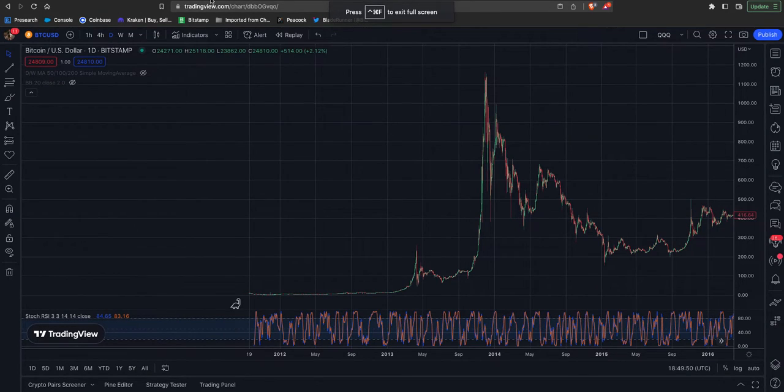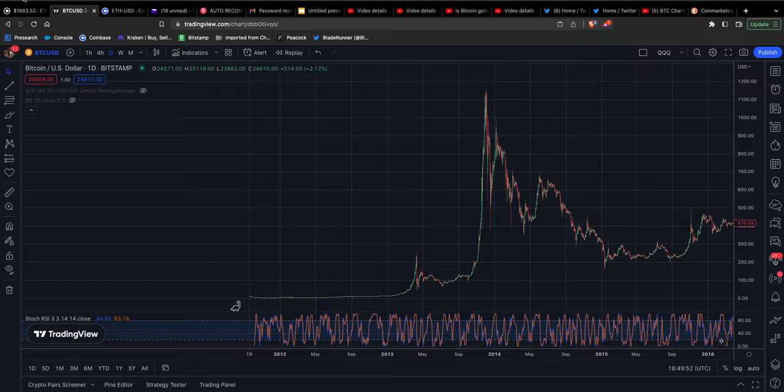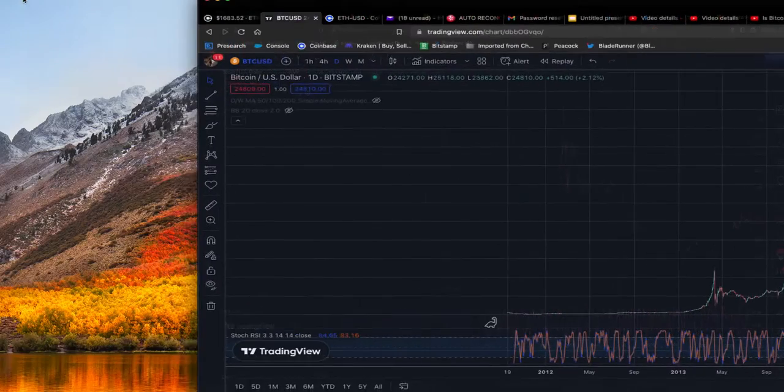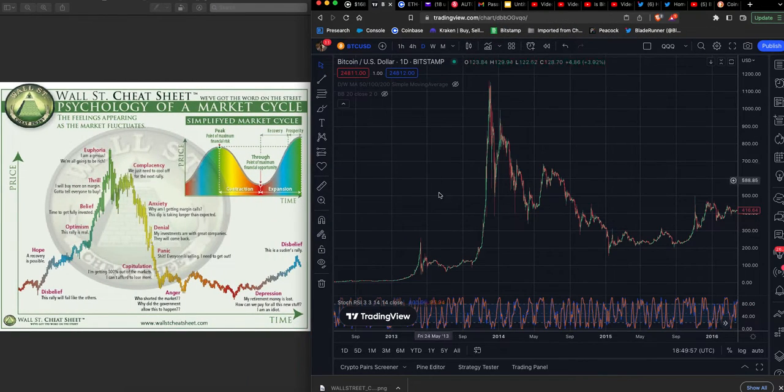Doesn't that look familiar? Actually, let's just keep that Wall Street cheat sheet up. There we go. Doesn't that look familiar? All right, we've got the meteoric rise, the blow off top, the crash, the secondary lower top, the crash, and the ensuing downward trend, right?